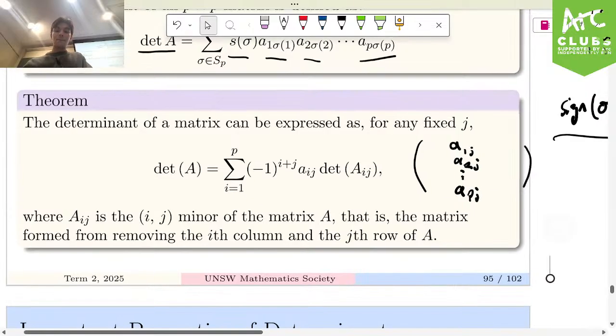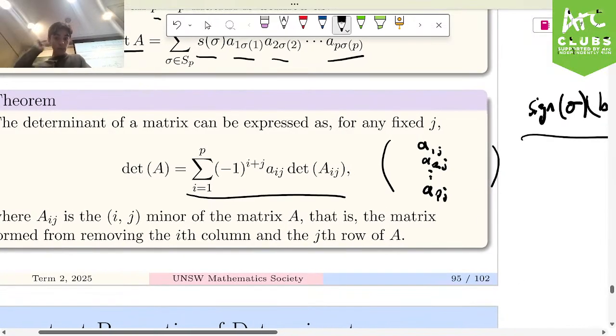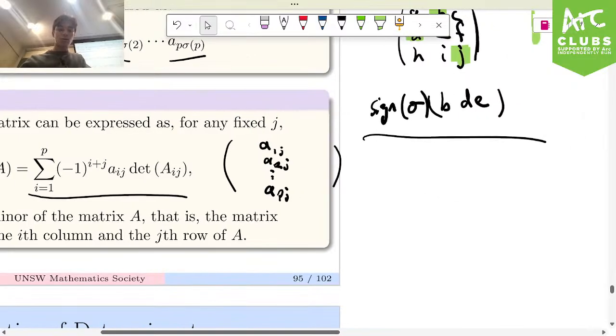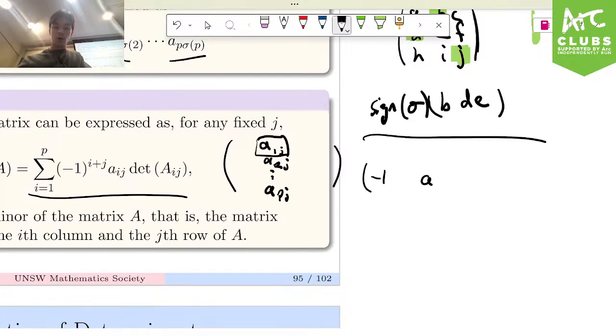Equivalently, by taking a sum, for each element in that column, of -1 to the power i plus j, times the actual element that you're considering, so A1j in this case, and the determinant of the smaller matrix formed when you exclude all the elements of the matrix that are in line with A1j, right?